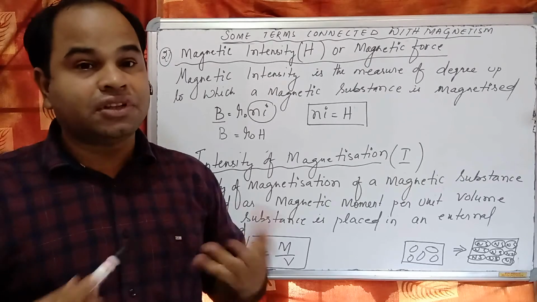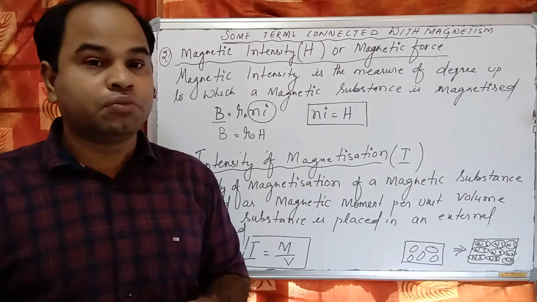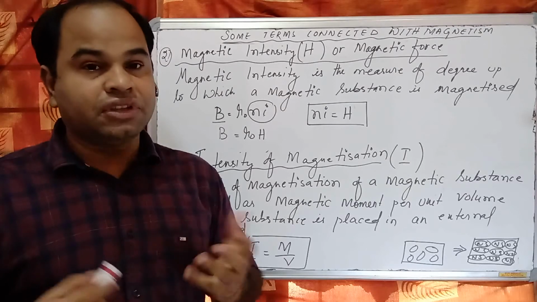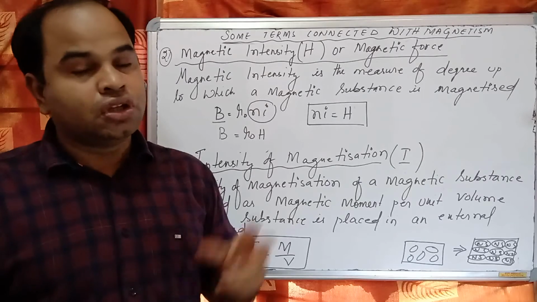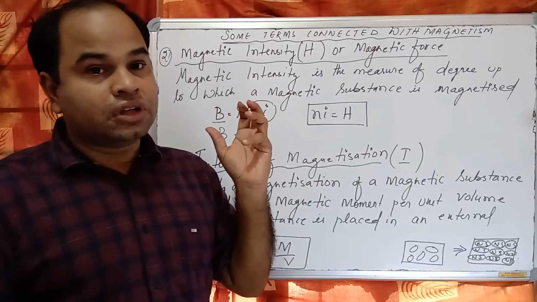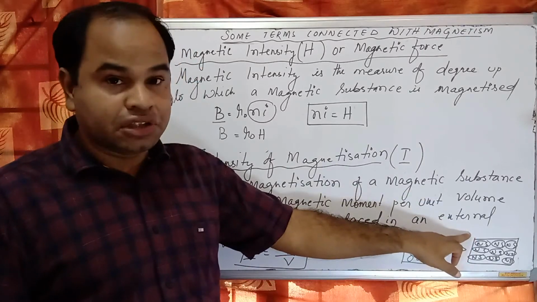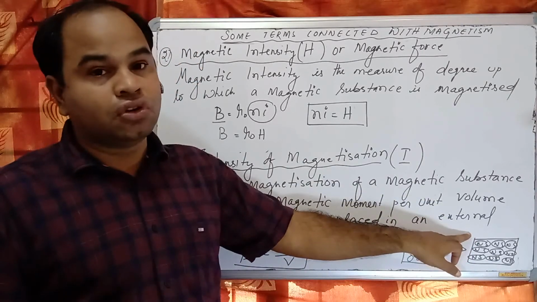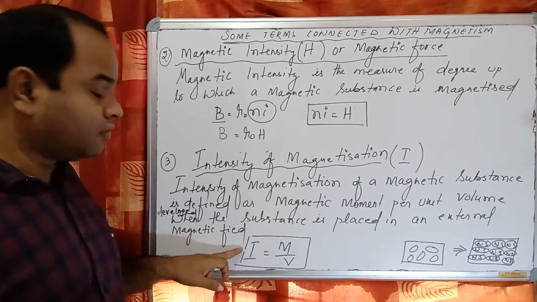And after that, they will have their own poles having pole strength. Then after that, it will produce their own magnetic field. The number of dipoles aligned in a particular direction per volume of the substance is called intensity of magnetization.